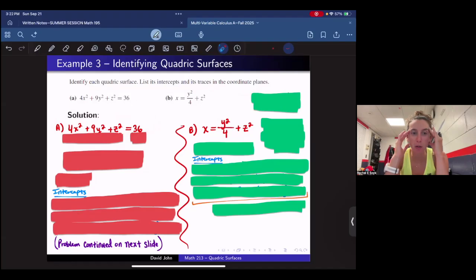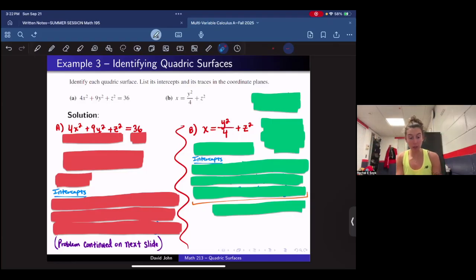Straight off the bat, you know that we're dealing with an ellipsoid. We just need to manipulate it to that proper general form, x squared over a squared plus y squared over b squared plus z squared over c squared is equal to 1.